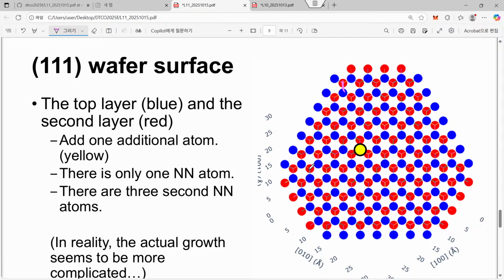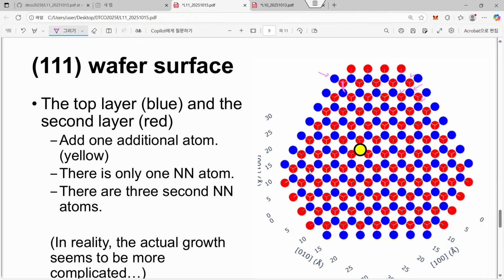Where will be the right position for this new atom? So here we have a blue one. Yes, for example, let's think about this one. This blue one is already connected to this red one and this red one, and the fourth one should generate a perfect tetrahedron.